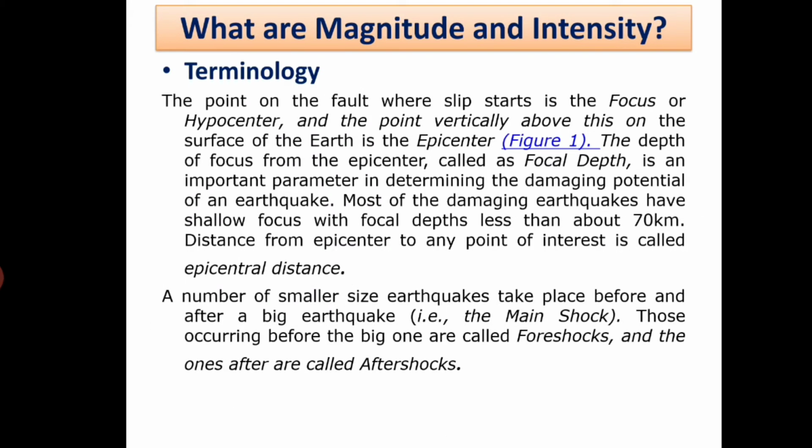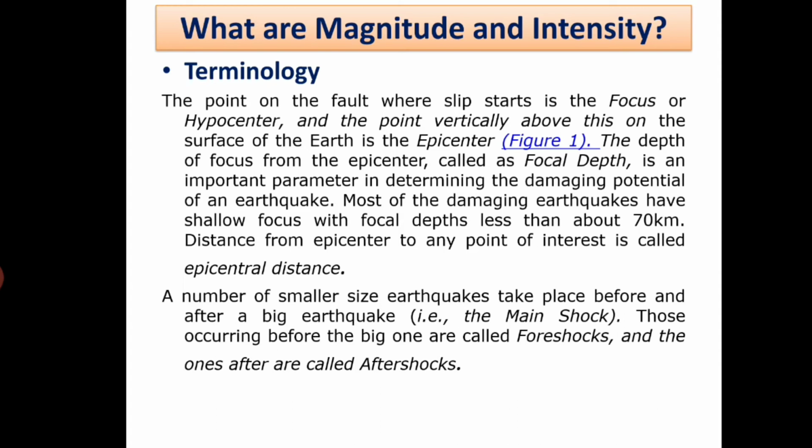Now, what are magnitude and intensity? We know from the previous lecture 1 that there are two measuring scales for the earthquake: one is magnitude and the second is intensity. Now we describe in detail what magnitude and intensity are. First, terminology. The point on the fault where slip starts is the focus or hypocenter, as we saw in the first lecture.